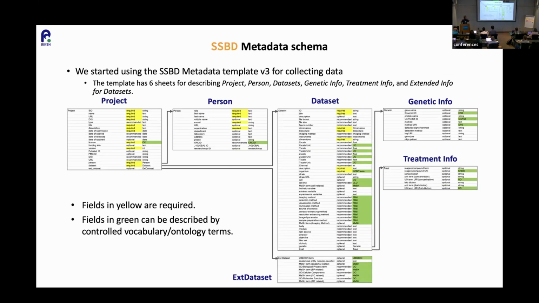The framework follows REMBI. We set up these metadata items, and the yellow colored ones are essential, and the green ones use an uncontrolled vocabulary. So the metadata sets are different.